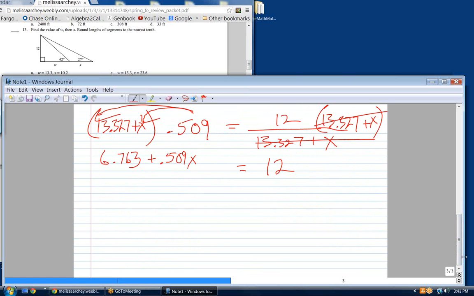Now we don't have any denominators anymore to worry about. So we can start moving the x terms to the left, moving all the numbers to the right. All right, so just get rid of 6.763 and move it over as negative 6.763. Yeah, you got it.